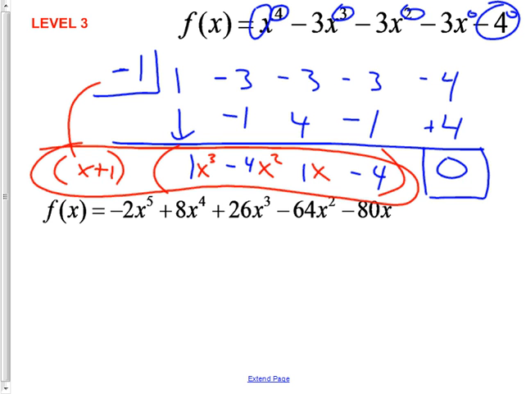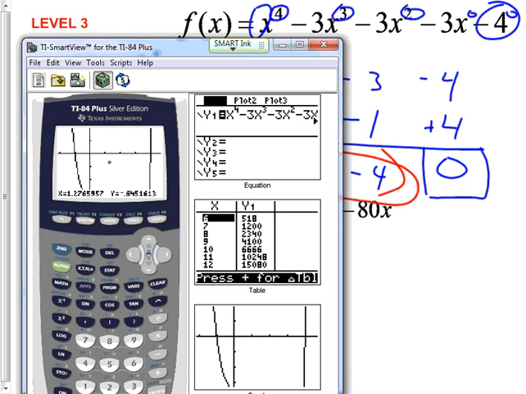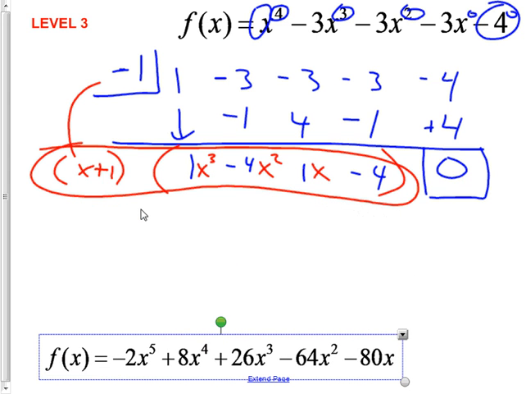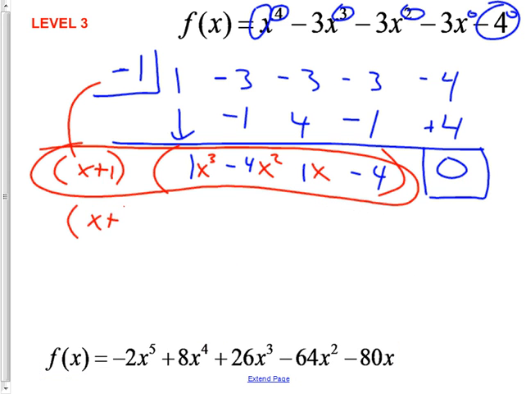But what was the other number that worked? Remember on the graph? Yeah, we had 4 supposed to work. What does that mean? That means I can ignore this part completely. I'm just moving this down. I can take this x plus 1 here and leave it alone, and then it's telling me that 4 is going to work in this one.